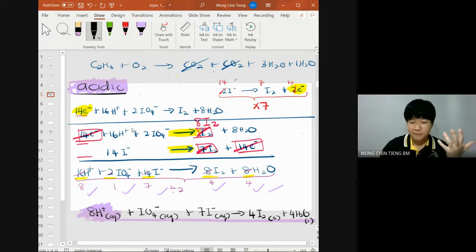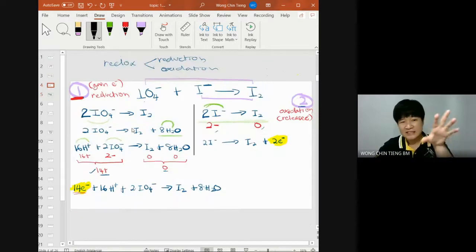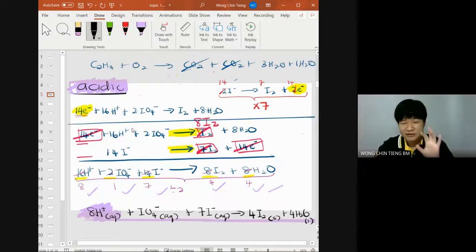So, balancing equation berapa markah? Balancing equation memang tak banyak markah. 2. Kesian gila kan? But these 2 marks will give you the rest of the 15 marks. You know? So, it's not about the 2 marks, guys. It's about the rest of the 15 marks.